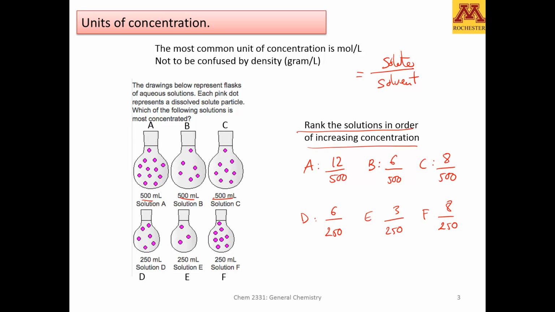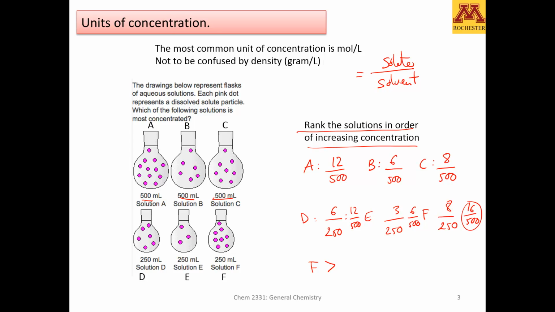So we're trying to understand which one has the highest number. You could just get a calculator and find which one has the highest fraction, and you will see that F is the highest of all. What you could do is to make it into a common denominator. This will be 12 over 500, this will be 6 over 500, this will be 16 over 500. So 16 is the largest number.